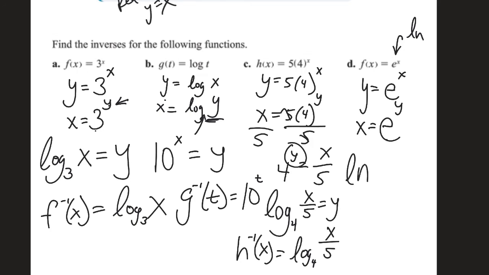This e becomes the small base here, and then x equals y. So my inverse is natural log of x. Remember that e is already assumed to be the base if there's nothing written here. So if you do write the e there, that's fine. But if you don't, then it is assumed that there's an e there.